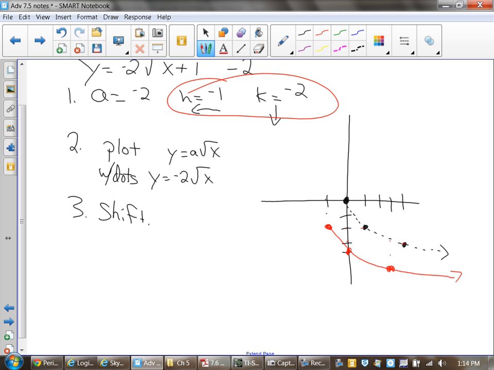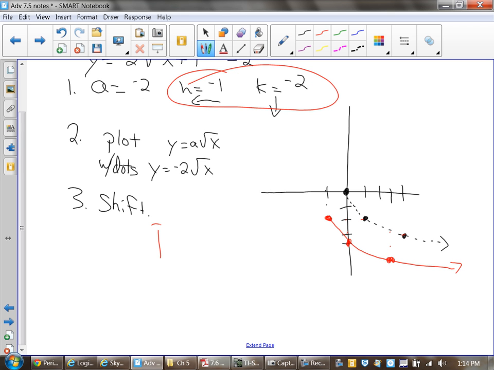Now, what is my domain and range? What is the smallest possible value for x that you can have? Negative 1. My domain has to be greater than or equal to negative 1.